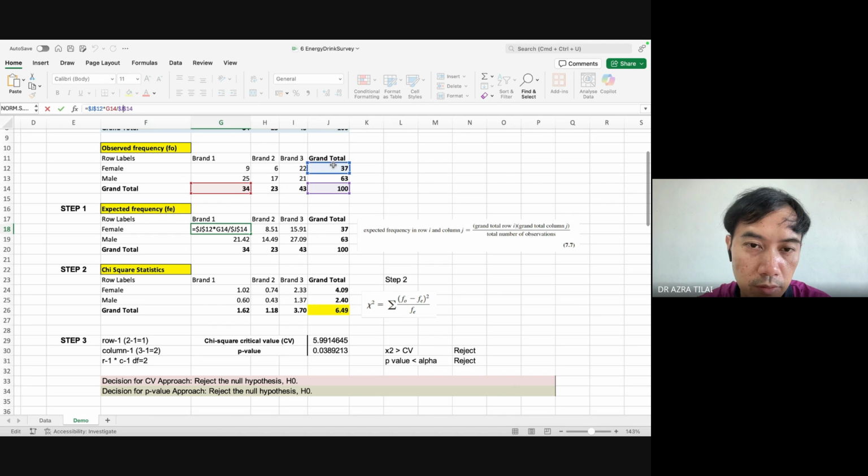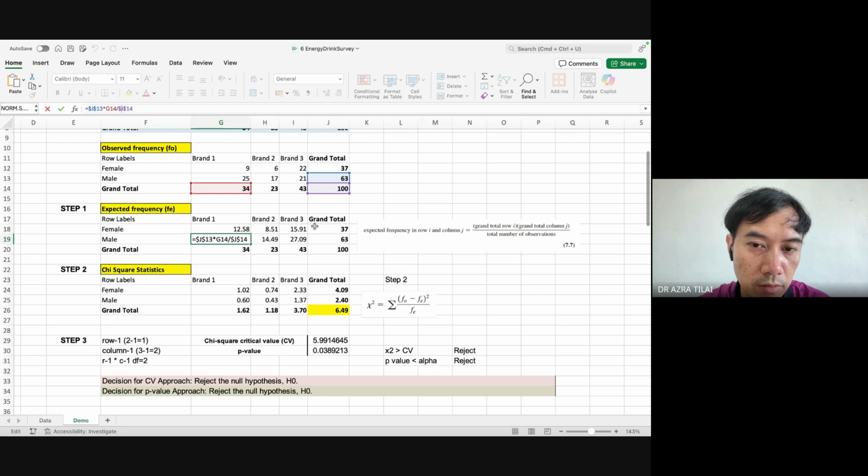Of course, you need to multiply these two first, then only you can divide by 100. Next is this one. The grand total for male multiplied by the grand total, divided by the grand total.